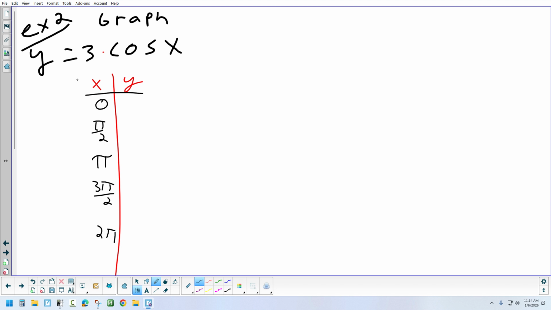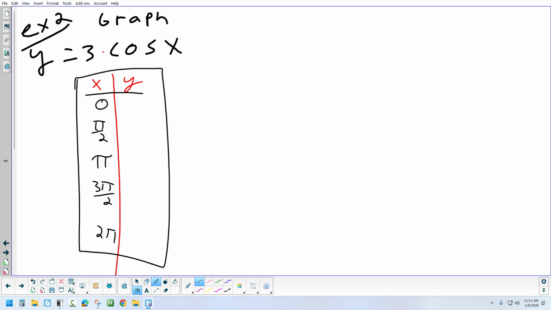Okay, so there's my original x's. I'm going to put my original y's off to the side. River, can you tell me my original y's for cosine? 1, 0, negative 1, 0, 1.